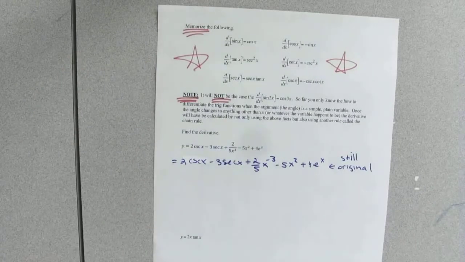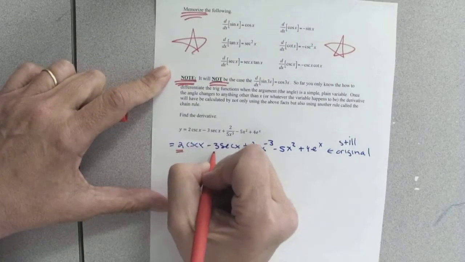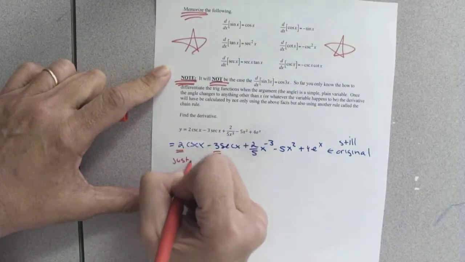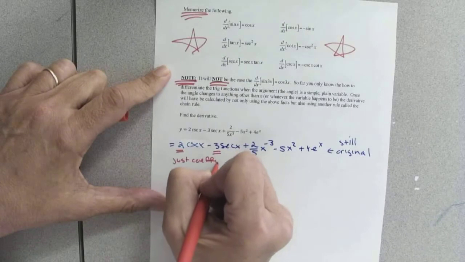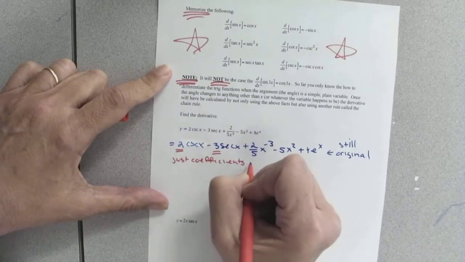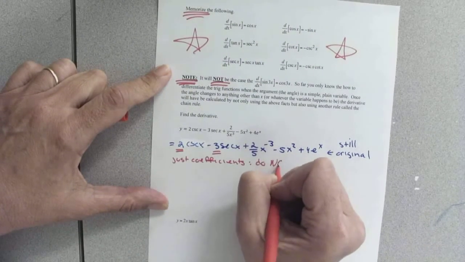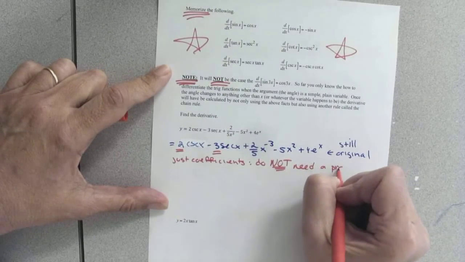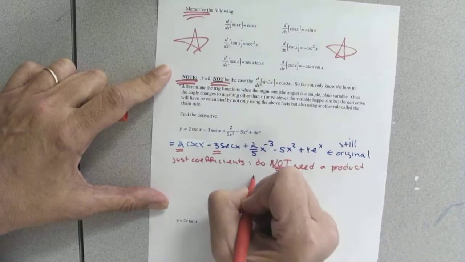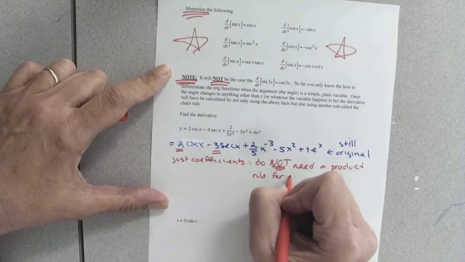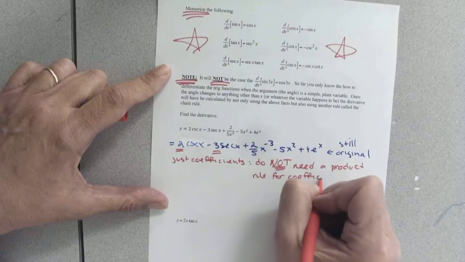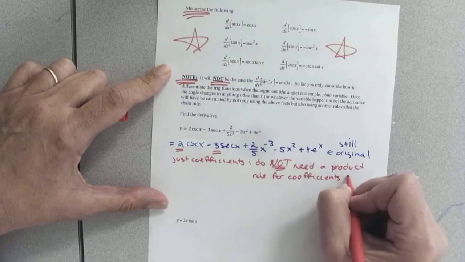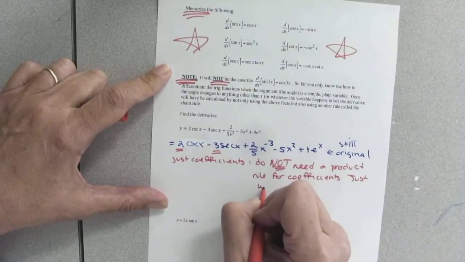Okay, there are going to be a whole bunch of people that make this problem so much harder than it has to be. These guys right here are just coefficients. You do not need a product rule for coefficients. Just write them down.